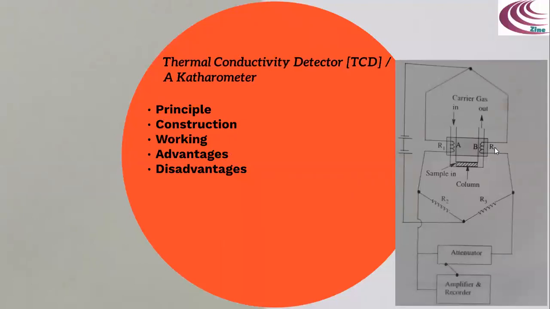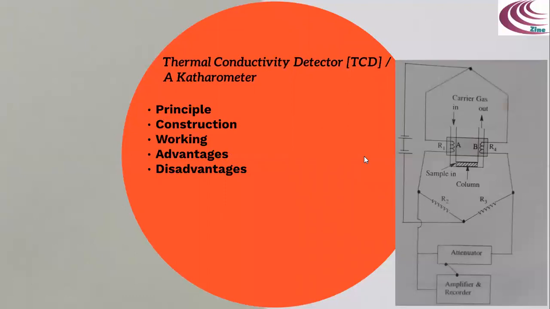The current in the circuit is made zero, that is the null point, by adjusting the value of resistance R3 in the circuit so that the equation gets satisfied. As you know, the equation of Wheatstone bridge, that is R1 divided by R2 is equal to R3 divided by R4.